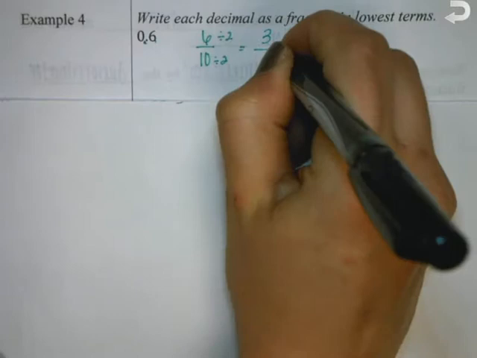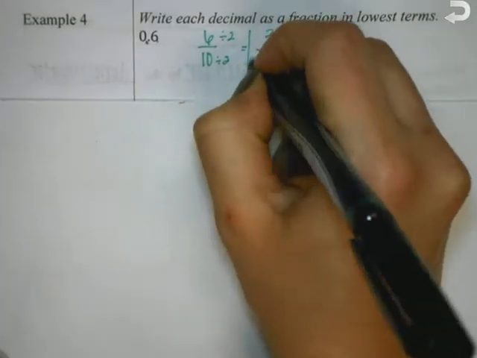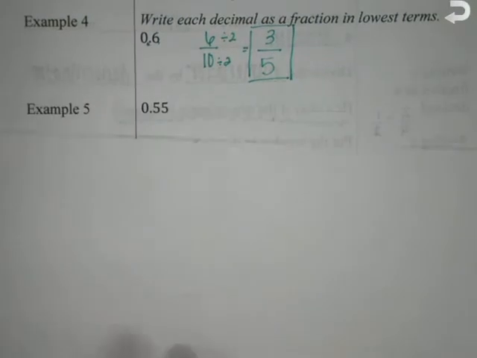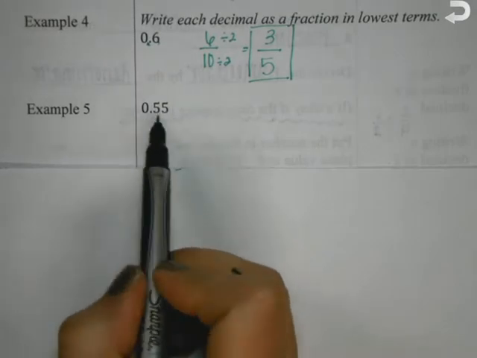Okay, so let's try 0.55. Where is this one? Is this in the tenths, hundredths, thousandths? Hundredths. It goes all the way to the hundredths place. So this is going to be 55 over 100. Does that reduce? Yes, by what? By 5.